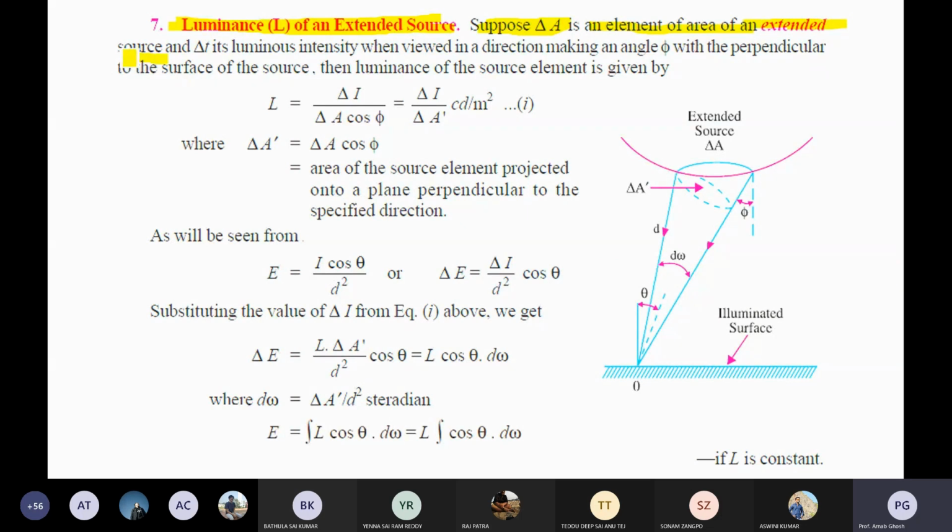What is the relation between M and T? With illuminance E, luminous excitance M, and transmittance T, M equals T into E. Illuminance into transmittance equals total luminous excitance, or T equals M by E.